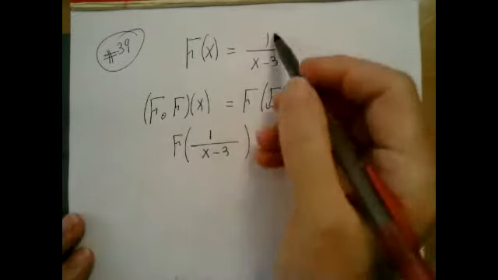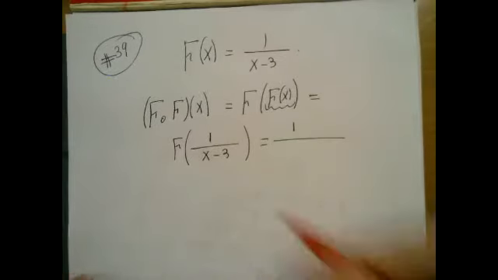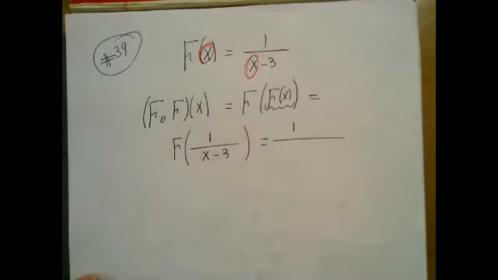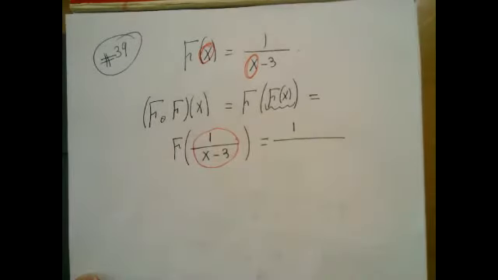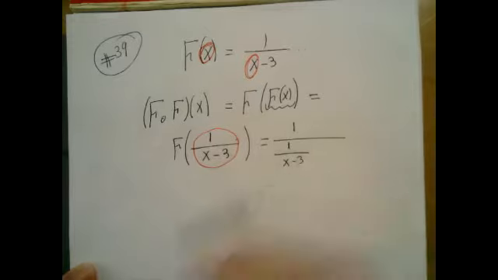What does f do? You give it an input x. It takes 1 over the input minus 3. What's my input here? 1 over x minus 3. So what f is going to do with it, it's going to put 1 over x minus 3 in the denominator, minus 3.